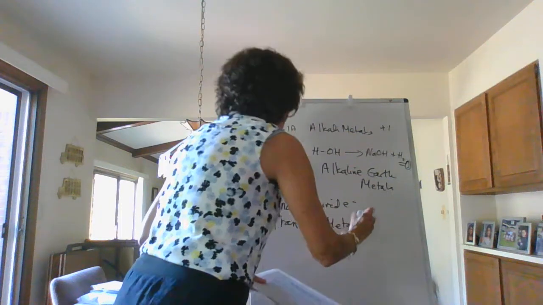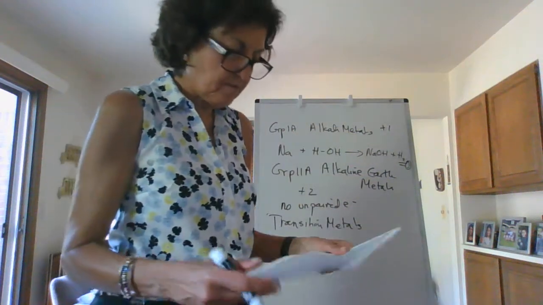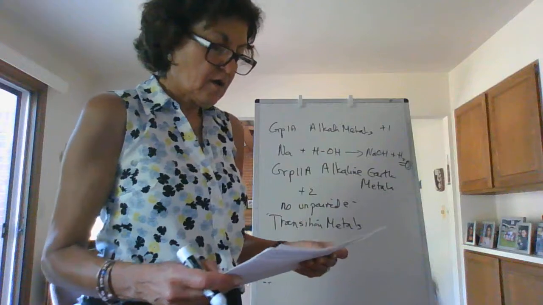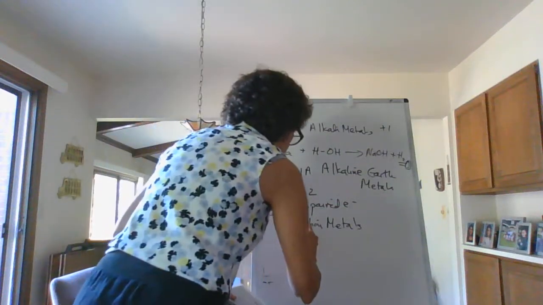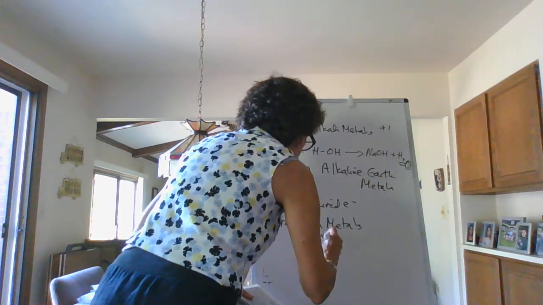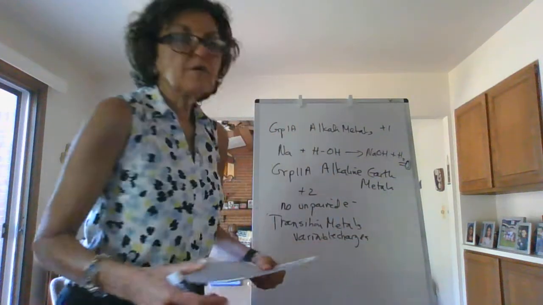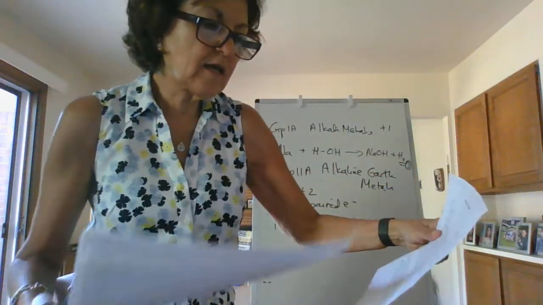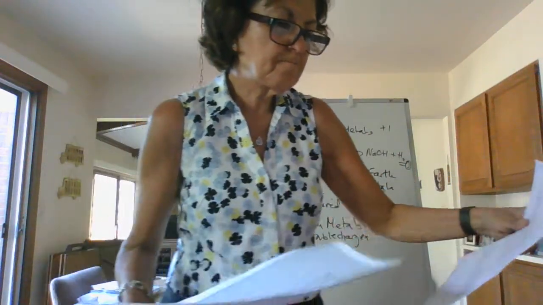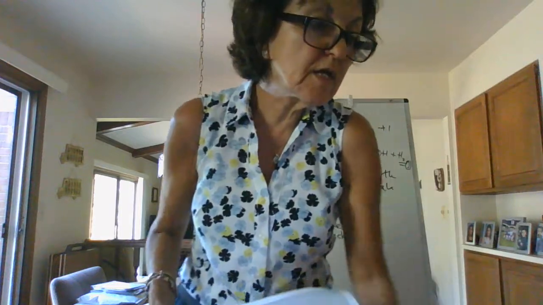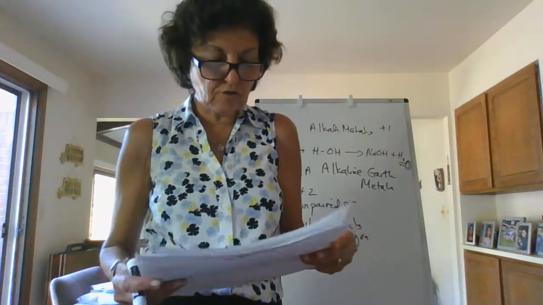I thought I was just going to talk about the main group, but apparently I have this in here. But you know which ones don't have variable charges. Remember, zinc, cadmium, silver. Those are the 3 in the transition metals that have fixed charges.